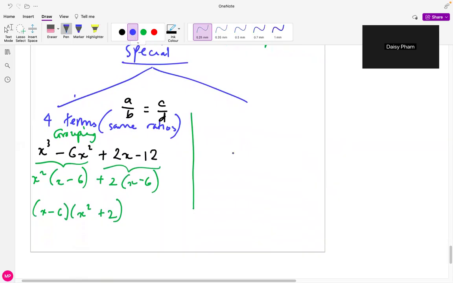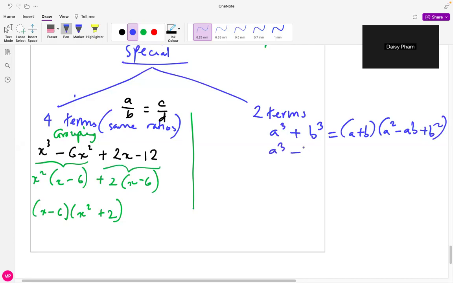Okay, and lastly, if you have two terms that can be made into something cubed plus something cubed, then you could just use the cubic formula: a cubed plus b cubed is a plus b, a squared minus ab plus b squared, like that.